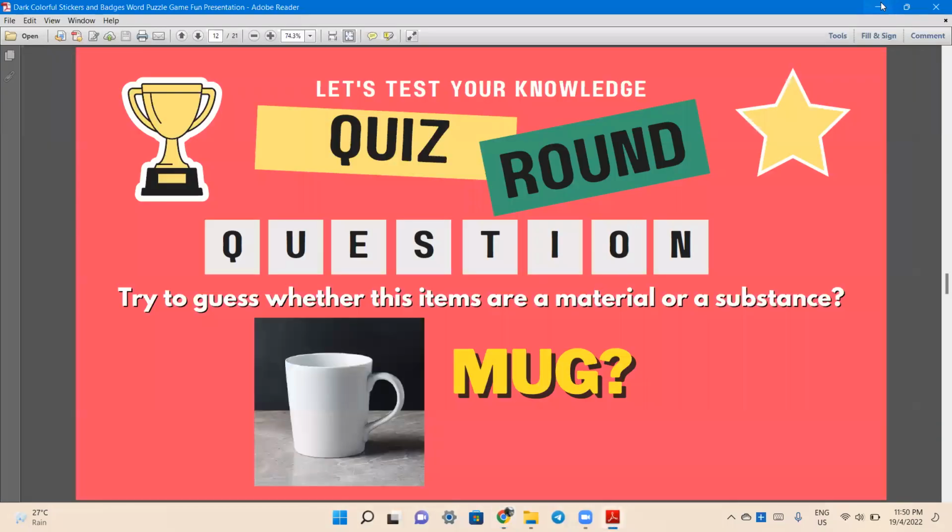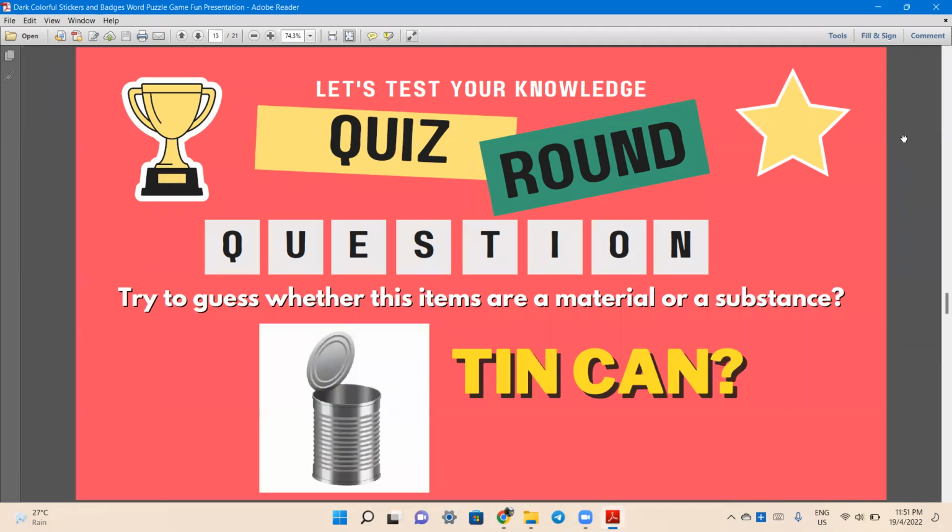A mug is a substance. Very good. Don't get confused. A mug is still made of glass, so it's a substance. Now, what about the last one? This is the last round for now. What about a tin can? Is it a material or a substance, class?